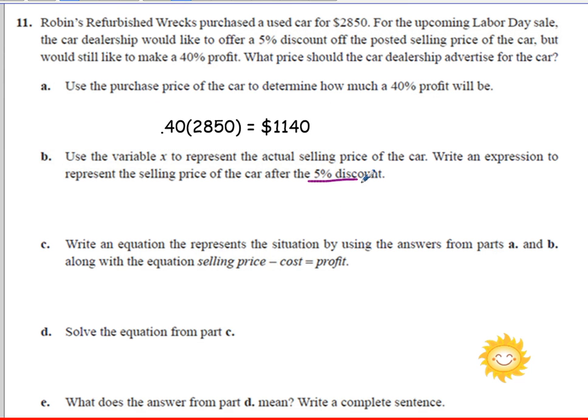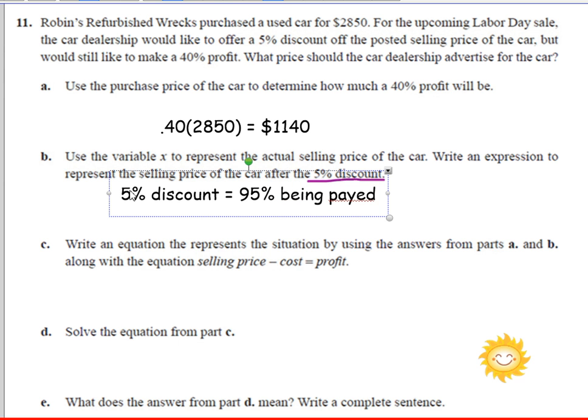We've done some discount problems before. Remember when we're looking at selling price, the 5% discount means that we're paying 95%. So we won't use 5% in our equation.